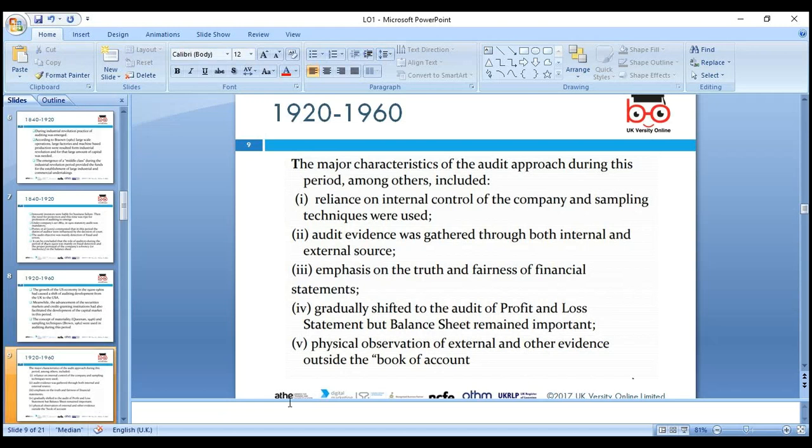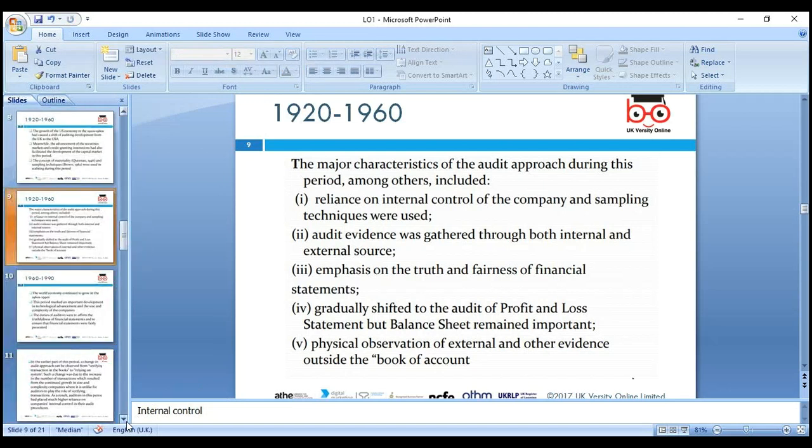So any questions there? Then next, the majority of the characteristics of audit approaches during this period, among others, was internal control. So what is meant by internal control? During this period, a lot of focus was on internal control. Internal controls are procedures defined by companies to avoid fraudulent activities and theft of their money.